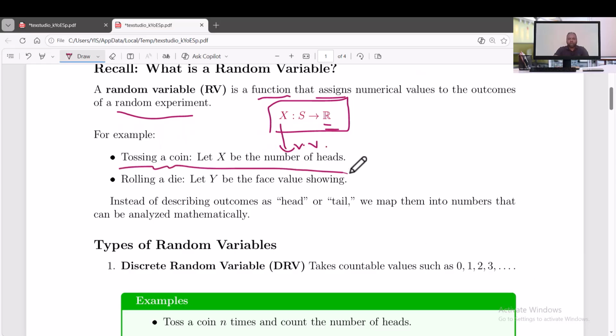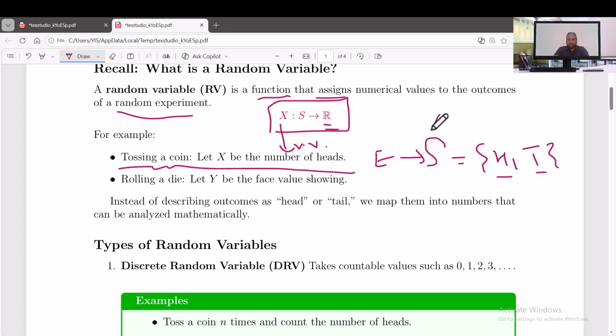From tossing a coin, we will have the sample space. If the tossing is once, the sample space will be H or T. These are nothing but the actual outcomes of tossing a coin once. So, what's the interest with these actual outcomes now? Based on this definition, let X be the number of heads.